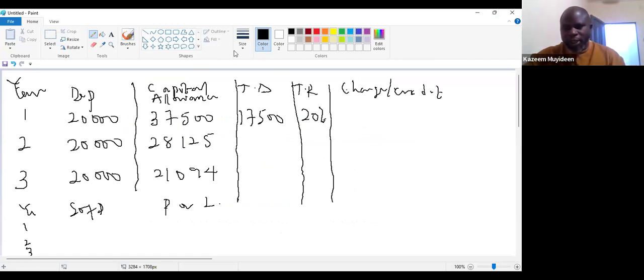The temporary difference here is 8125. 20% of it. 20% of 8125.